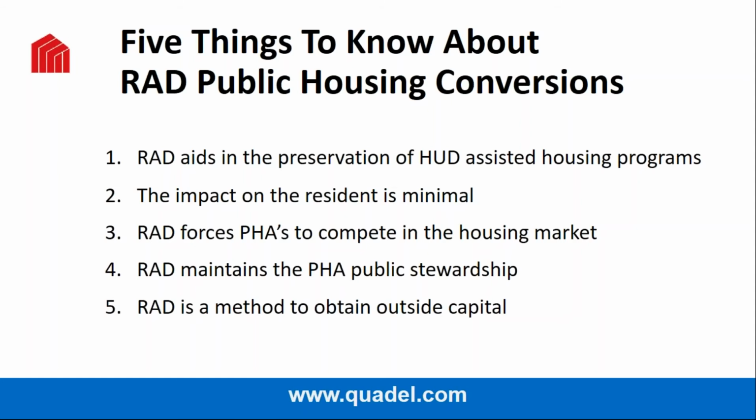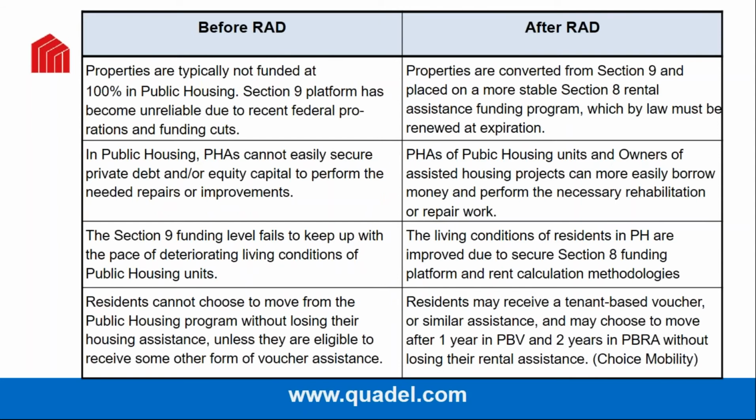So there are just 5 great features about RAD public housing conversions that we wanted to take a moment and share with you. On this screen here, we identify the pre and post advantages to RAD conversions.